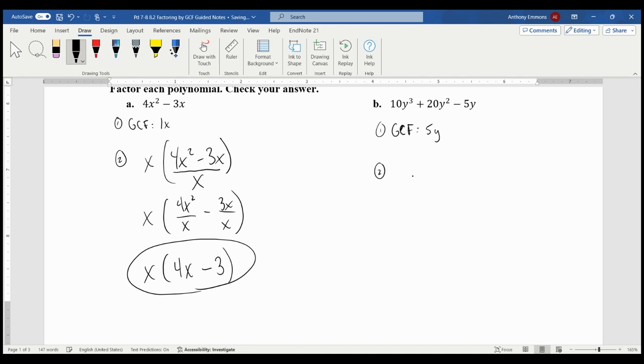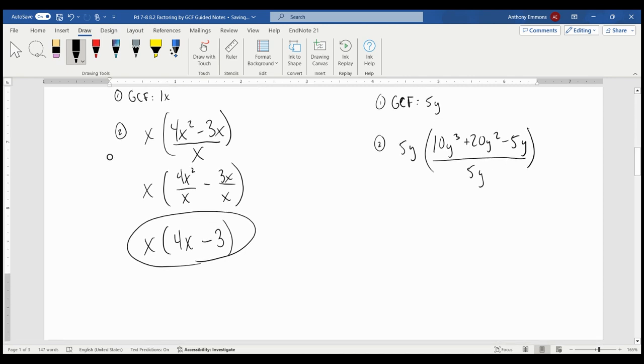In the second part, once again, we're going to take that entire expression, 10y cubed plus 20y squared minus 5y, the entire expression. Let's multiply by the 5y you identified as the GCF, but then also divide each one of those terms by the same 5y, making our final answer, all right, 10 divided by 5 is 2.